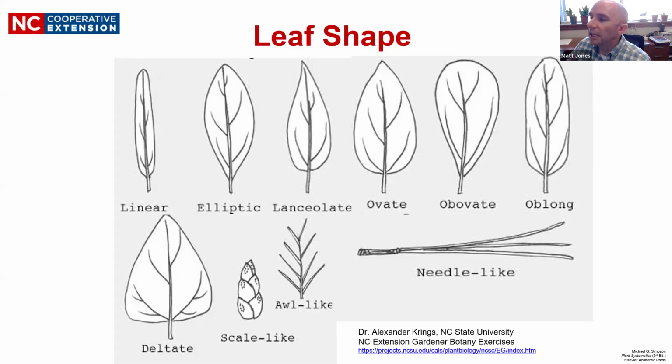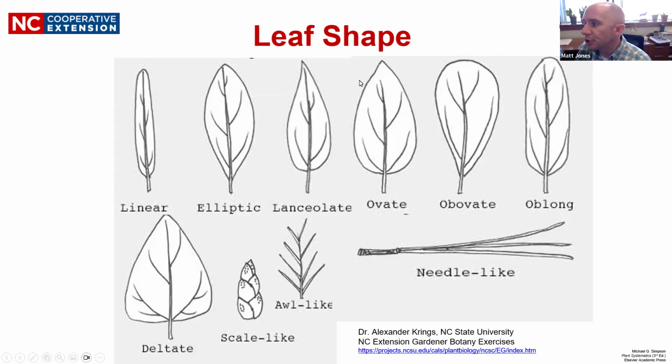So leaves can have different shapes, and there are terms that we use to describe consistent shapes. And a lot of these descriptors are pretty obvious. This is just a small smattering. There are many more than this. But some of the basic ones include elliptic, which is shaped like an ellipse or an oval. Lanceolate means spear-shaped.